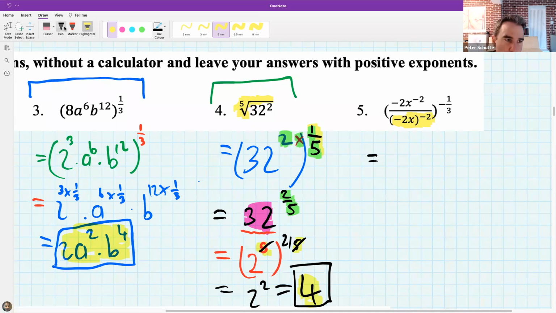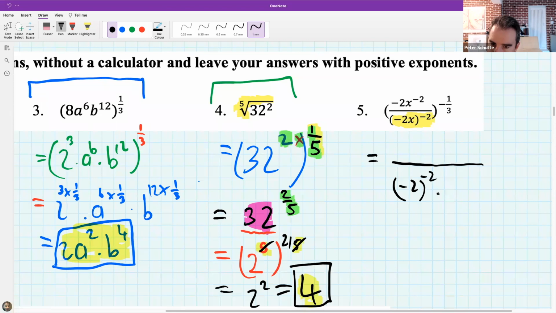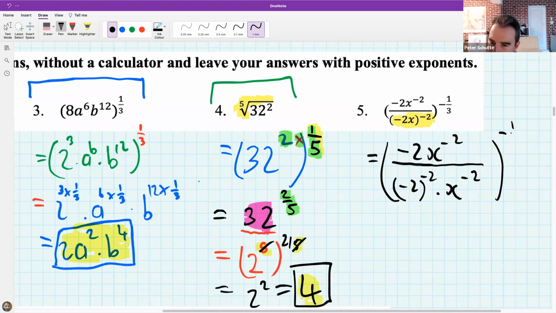So what we could do is we could say on the bottom, -2 to the power of -2 times x to the power of -2. And on top here, we could leave this like that. And then the -3rd, we're leaving alone.